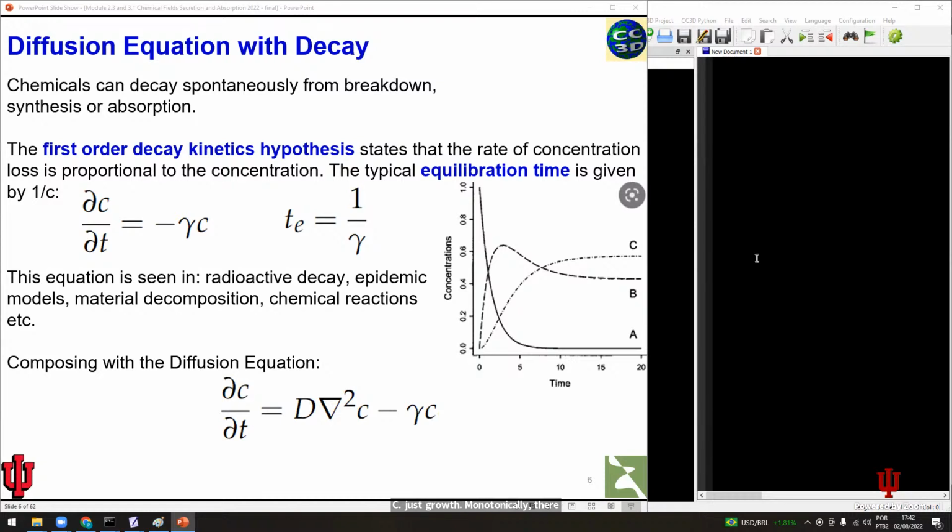A is decaying. A and B decaying. A and B decaying, Barrett. Why? B decays after it reaches saturation, I believe. And does it decay before that? No, it doesn't.